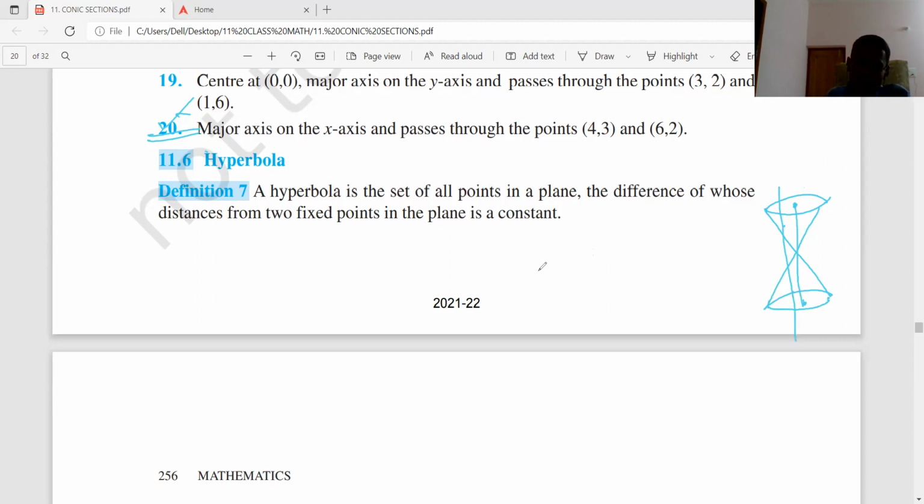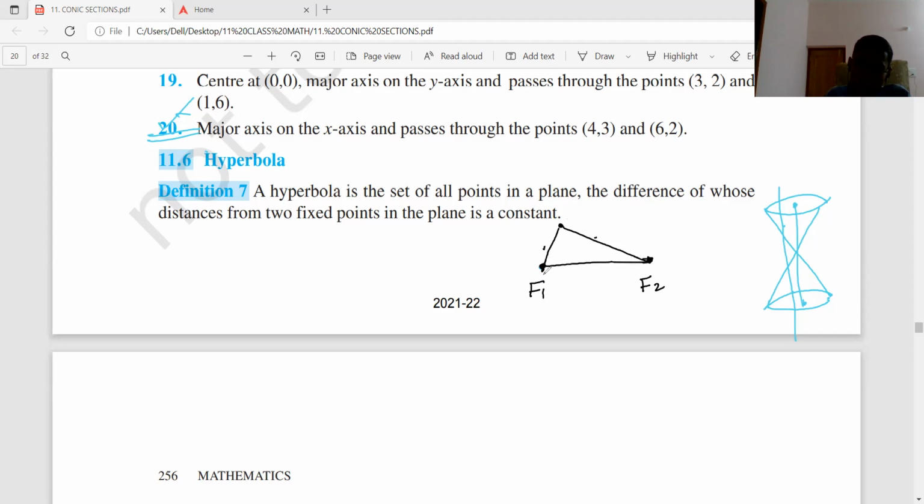But otherwise also, these are the two fixed points, F1 and F2. Now the point is moving in such a way that the difference of its distances from the two fixed points, bigger minus smaller, stays the same.